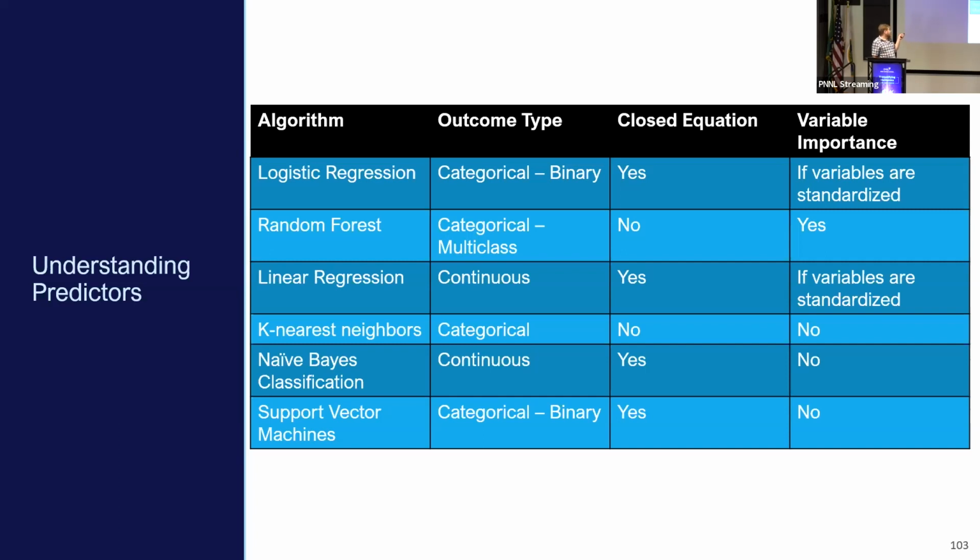If you use random forest, you could do a multi-class, but once again, as I was mentioning, you don't have those beta coefficients. You don't end up with a closed form equation. You can't just predict based on a specific equation. You can do predictions, but you might not understand why things go certain ways. And you do end up with variable importances there.